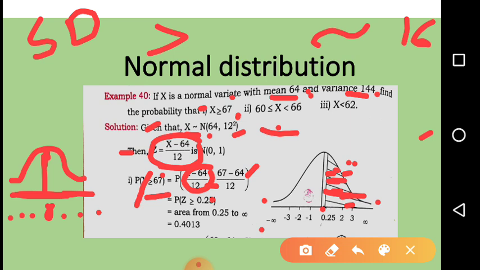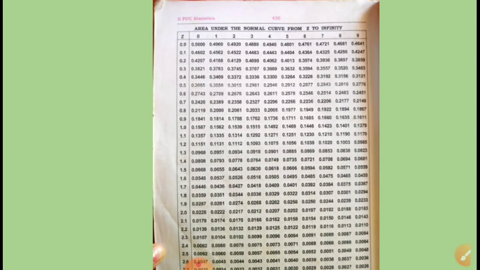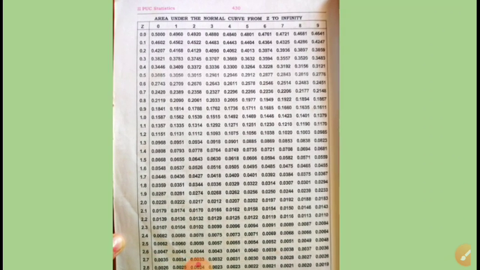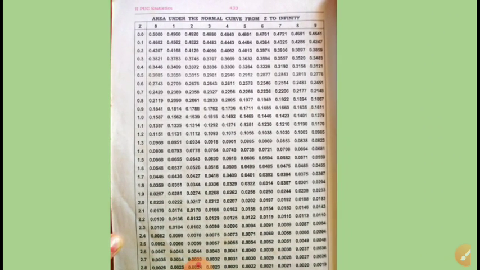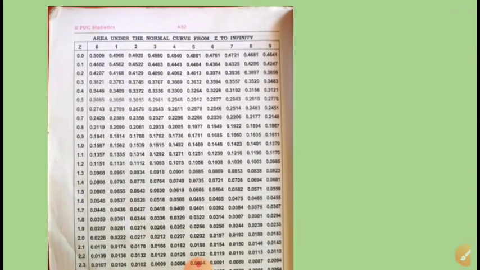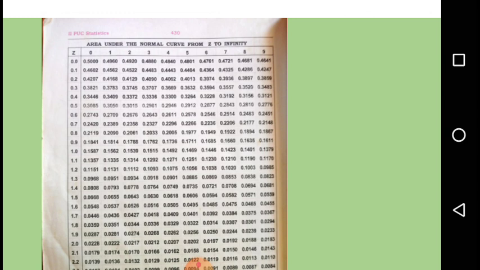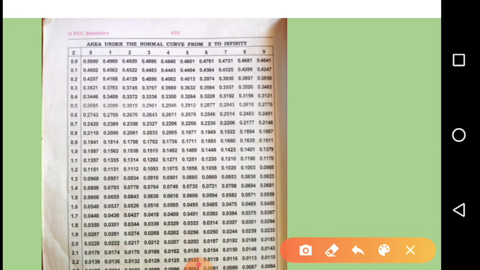0.4013, how did I get that? Okay, that you will get. In the exam they will give you this chart, students. They give a normal distribution table. So 0.25 you got, no? You have to see here like this. See here 0.25 you can see. Yes, see here, 0.25 column this.